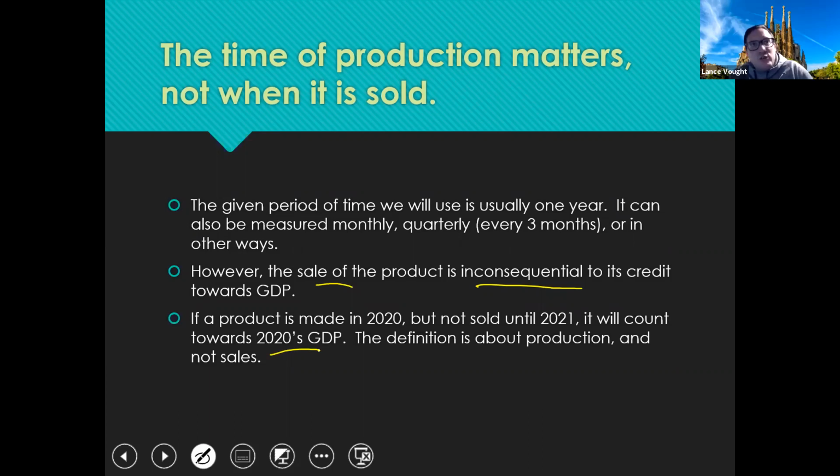So the way you can look at it is that if you build a house or a car in 2021, but it doesn't sell till 2022, well, the reality is that if we're trying to measure the value of the car's contribution to 2021's economy, the sale price in 2022 has nothing to do with 2021.